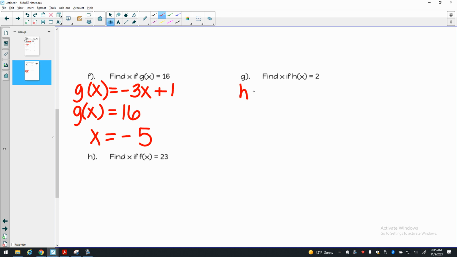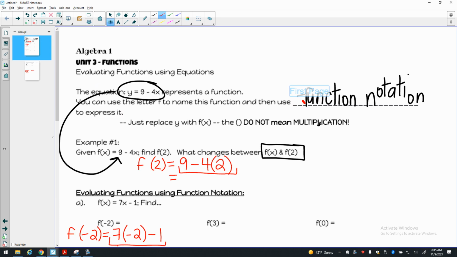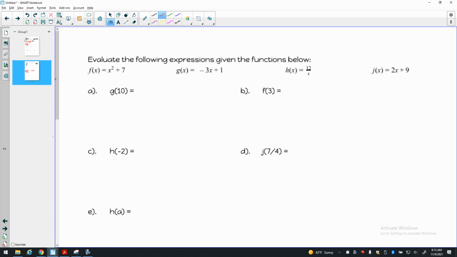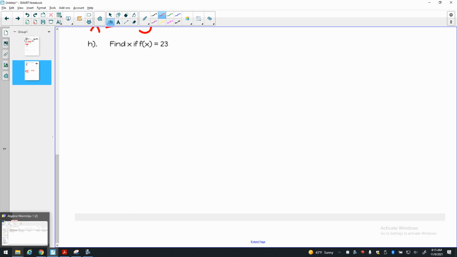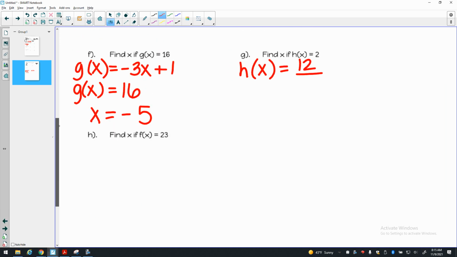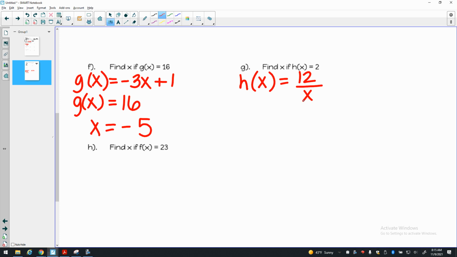H of x equals 12 over x. What else do I want to write? H of x equals 2.